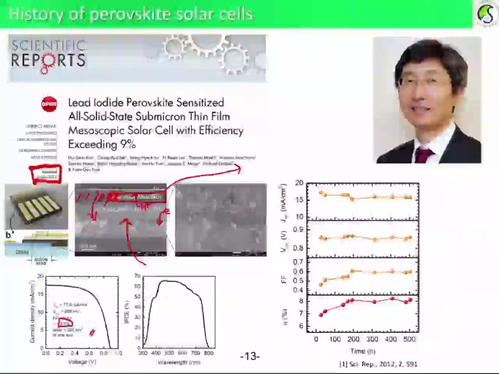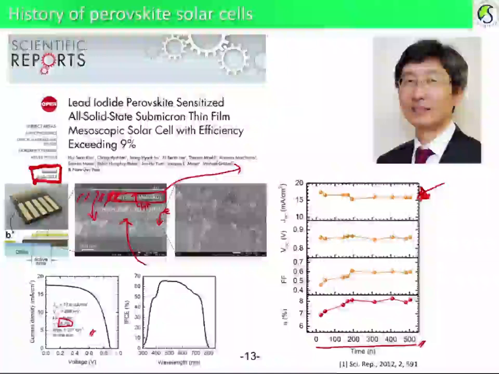And because we replaced the solution electrolyte with the solid-state hole transporting material, you can see that the device efficiency can be maintained up to 500 hours without any degradation.